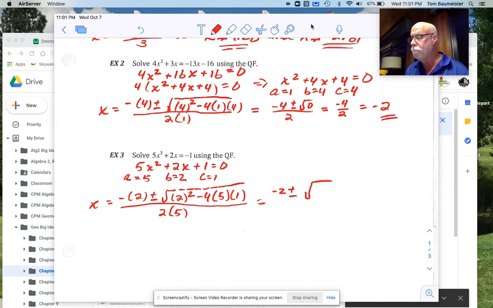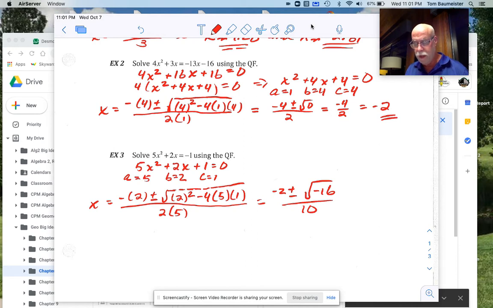So 4 minus 20 will give me 16, so I'll have negative 16 under the radical this time, and all of that is over 10.